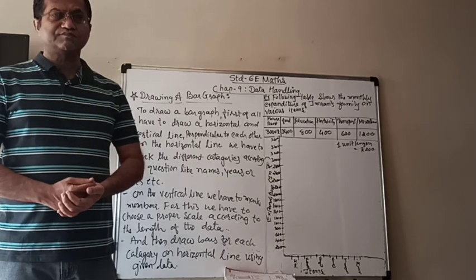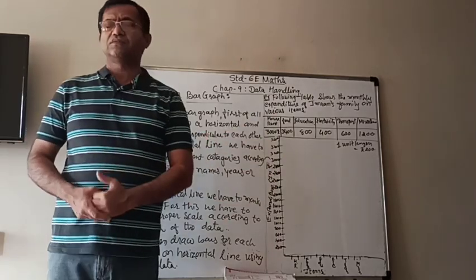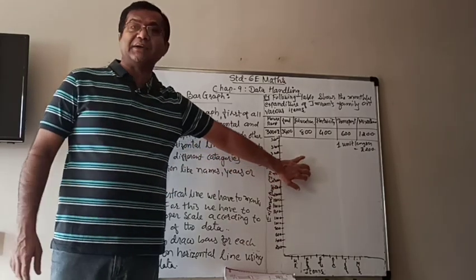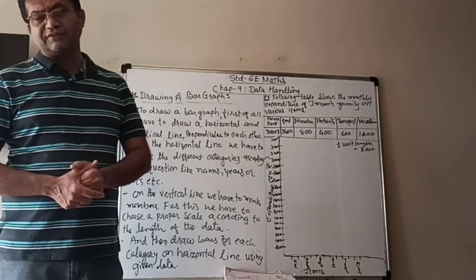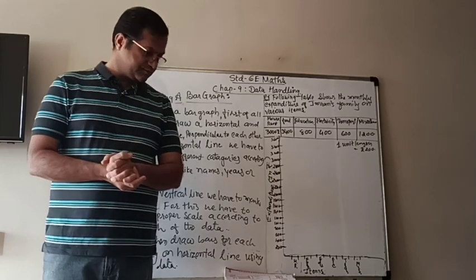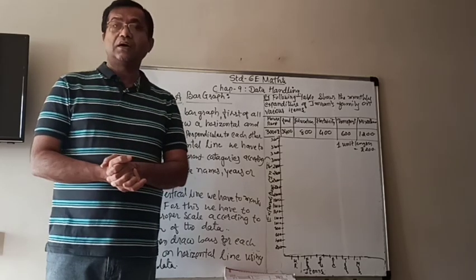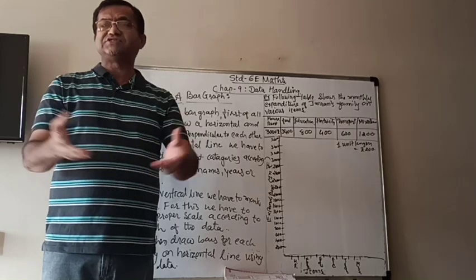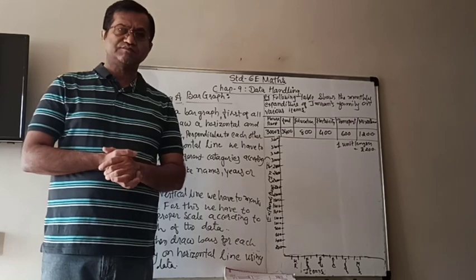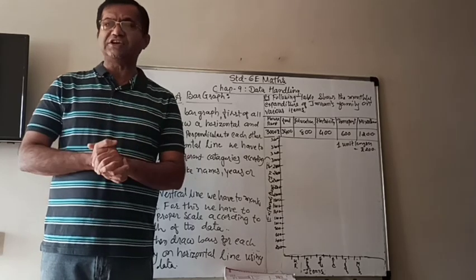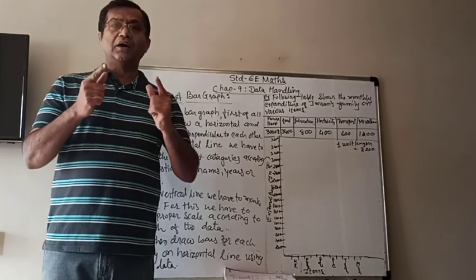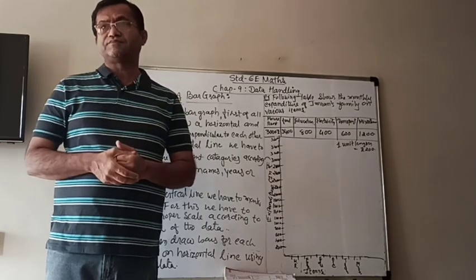But before we put the numbers on that line, generally we will use graph paper to draw the bar graph. Now on graph paper, as you know, the graph paper is already printed with lines, and at 1 centimeter each you have the lines.